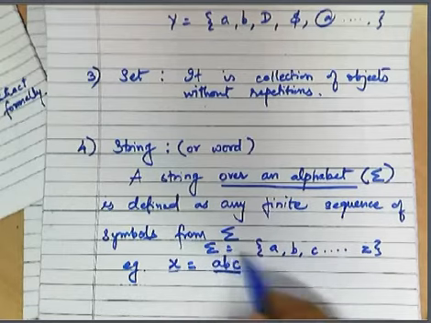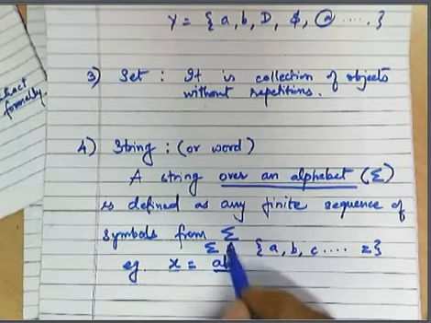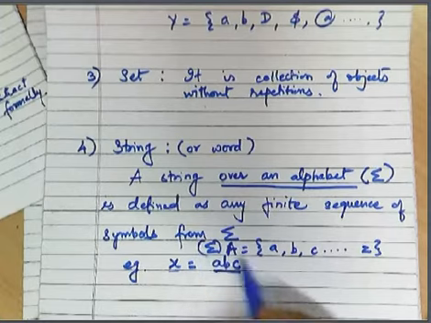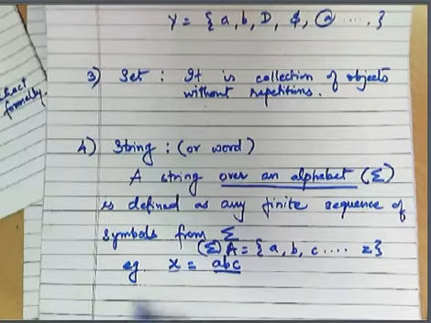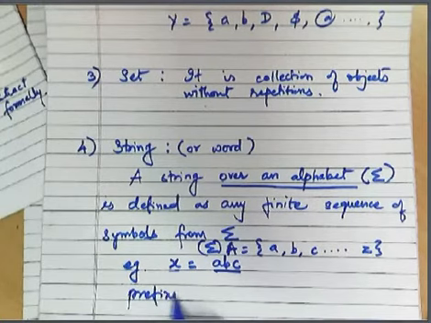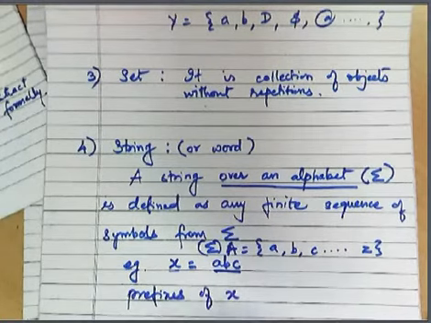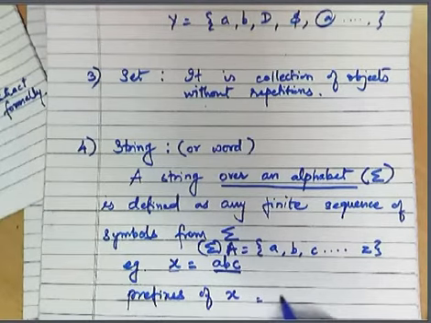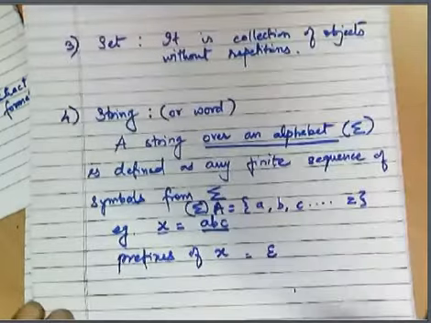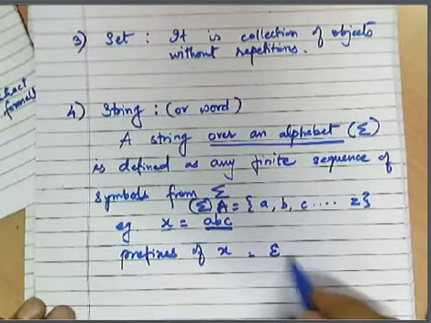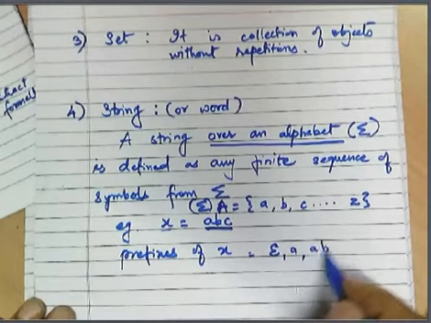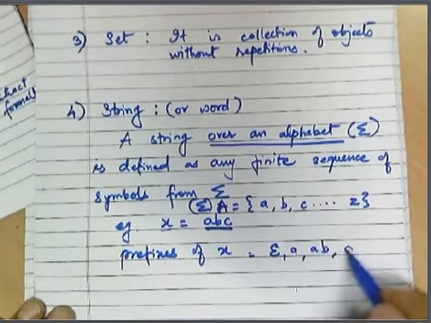I can name it as, for example, A. It is alphabet. Okay. Now, if I want to know the prefixes of X, then it will be nothing but the empty string. So I think you know how we define the empty string with the epsilon, then A, AB, okay, and ABC.